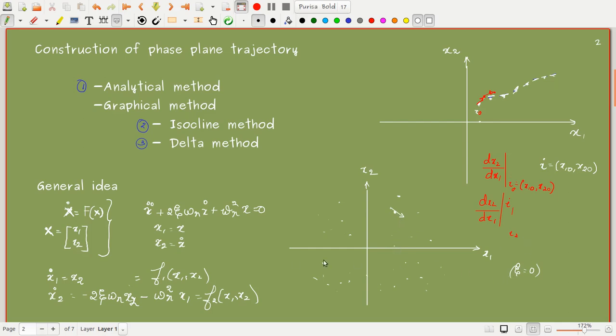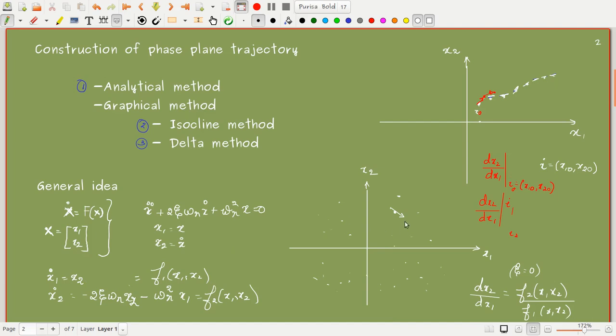What is the slope here? dx2 by dx1 is f2 of x1 comma x2 divided by f1 of x1 comma x2, right? So that is the slope. f2 of x1 comma x2 is minus 2 zeta omega n into x2 minus omega n squared into x1. f1 of x1 comma x2 is x2.